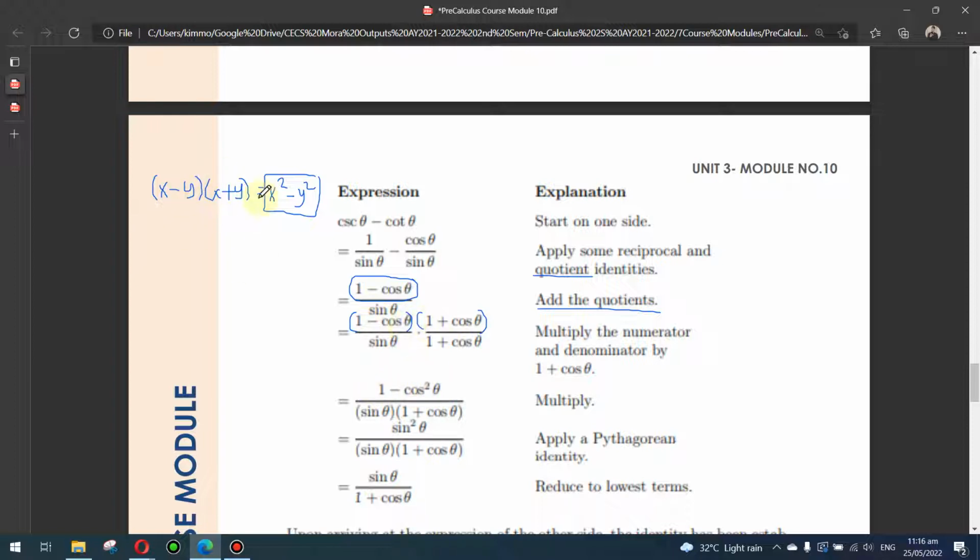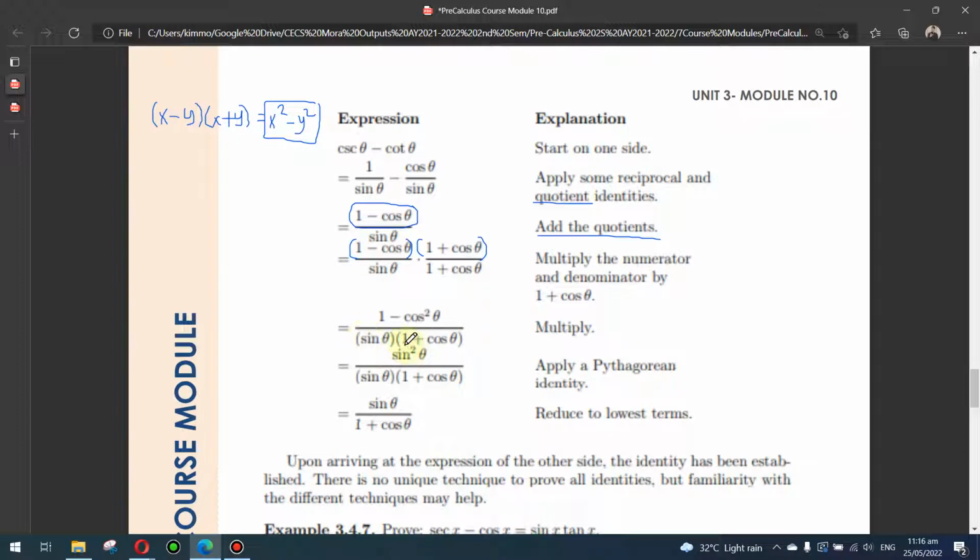Then at the bottom, we just multiply the denominator, since it is multiplication. So, we multiply sine times 1 plus cosine. After that, we apply the Pythagorean identity: sine squared plus cosine squared is equal to 1.